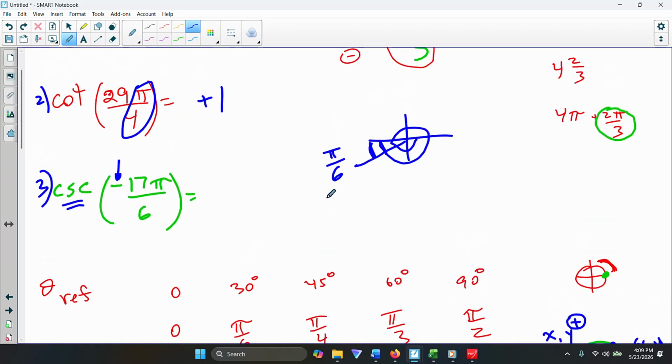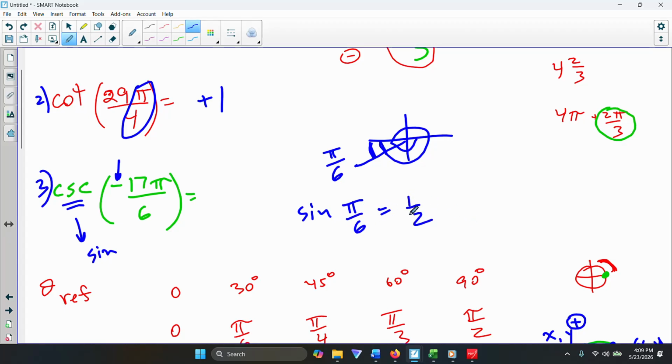So next question: what's cosecant? I don't know the cosecant values off the top of my head. In fact, I don't want you to know them by heart. I want you to recognize they're based on sine. Normally sine of pi over 6 is 1/2.